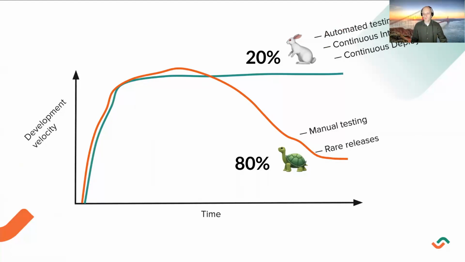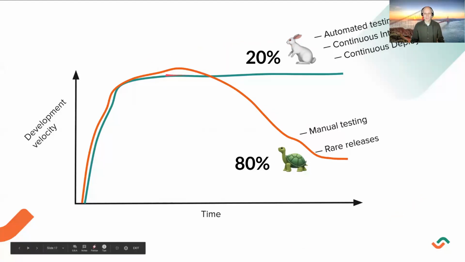They are using automated testing, continuous integration, and continuous deployment as practices. And over time, and this x-axis is usually in years, so potentially this is year number 2, and then this goes on and on.